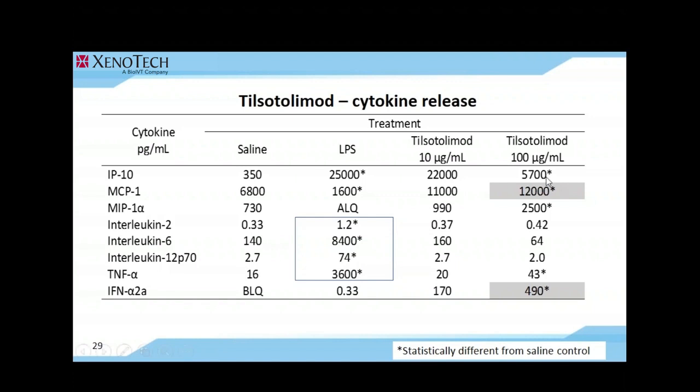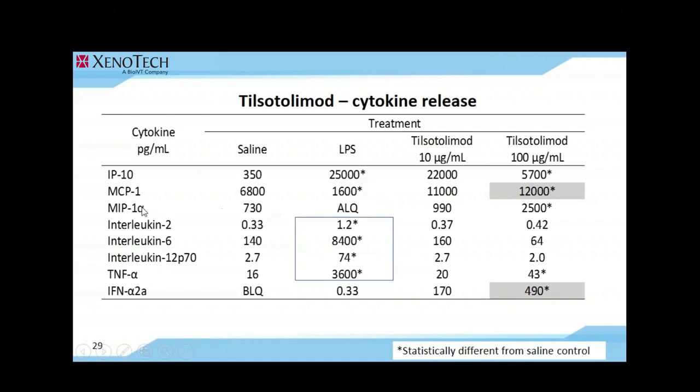Tilsotolimod plasma contained increased amounts of interferon gamma-induced protein 10, IP10, monocyte chemoattractant protein 1, as well as MIP1 and tumor necrosis factor alpha. Most notably, interferon alpha 2A was increased in tilsotolimod plasma about 1,500 times as compared with LPS-treated plasma.